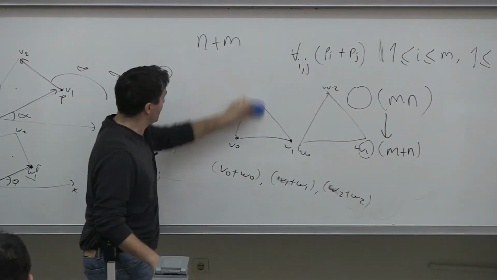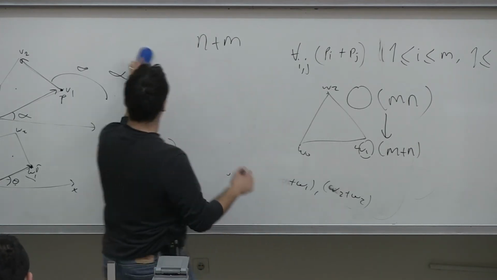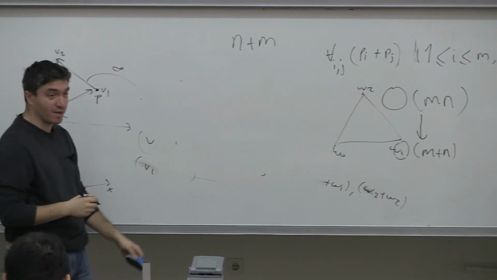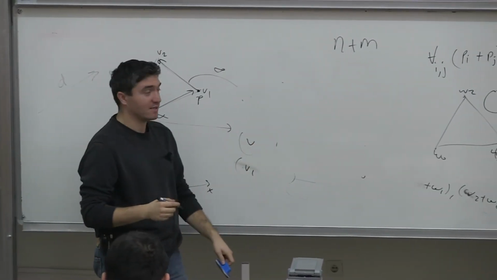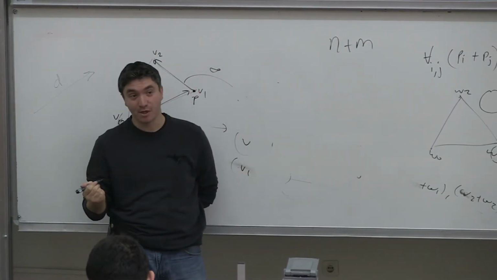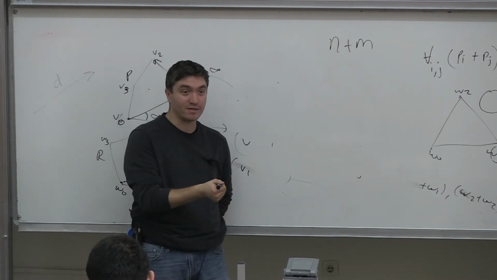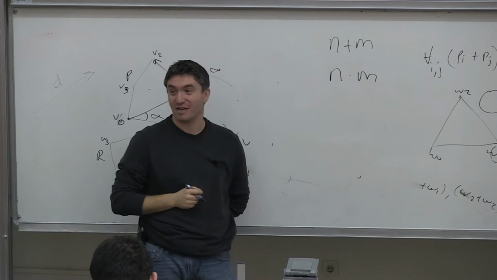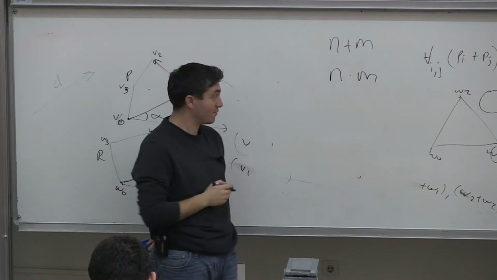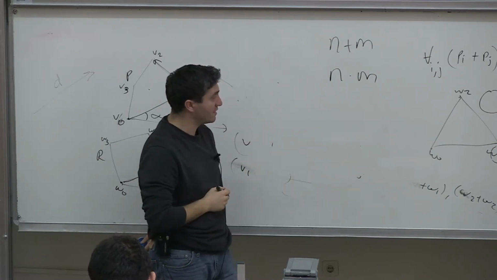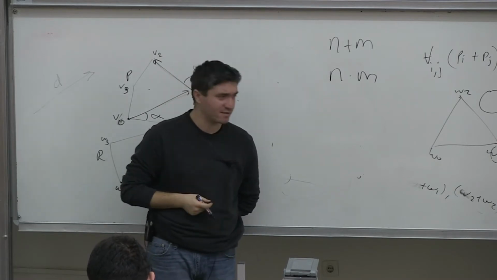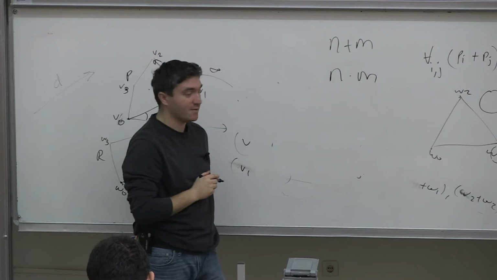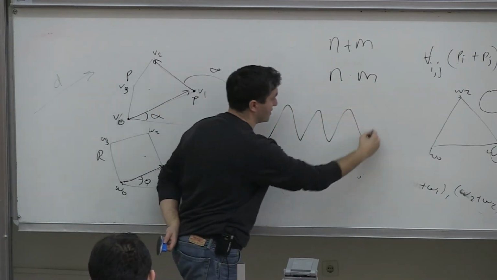The number of vertices of the Minkowski sum of two convex polygons is n plus m. The Minkowski sum of a convex polygon with a non-convex one is n times m. That's the most it may have. And there's a worst case example in the book which actually has this complexity. It looks something like this.